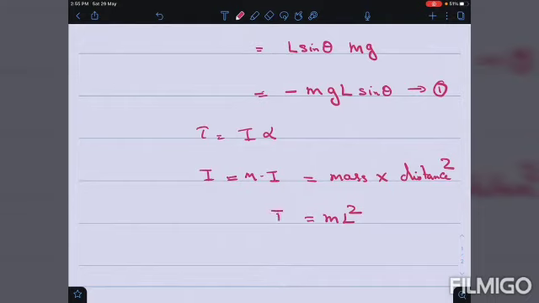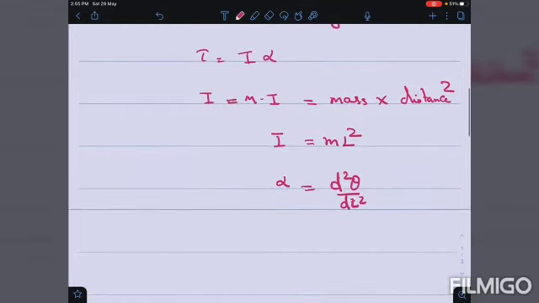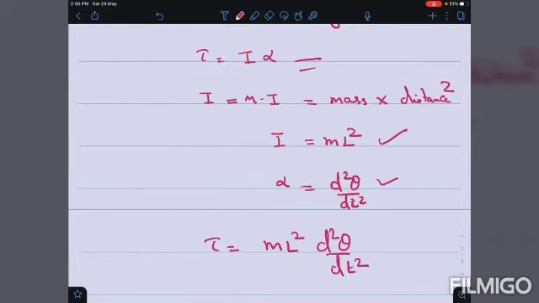So that is your moment of inertia. And alpha is the angular acceleration. In terms of theta, it will be d square theta by dt square. Therefore, your torque tau will be equal to I, that is m L square, into alpha, that is d square theta by dt square. So you got the second equation.